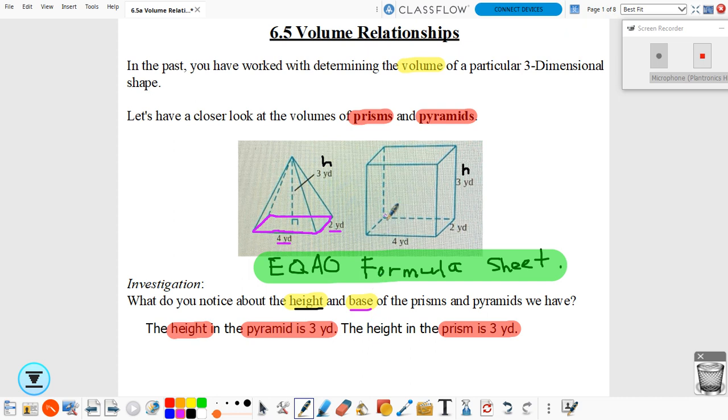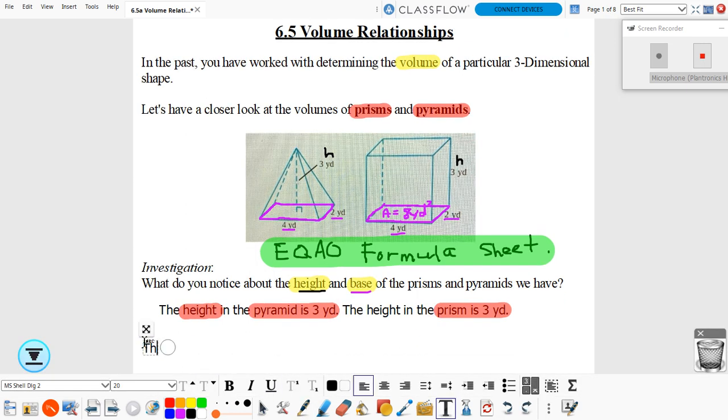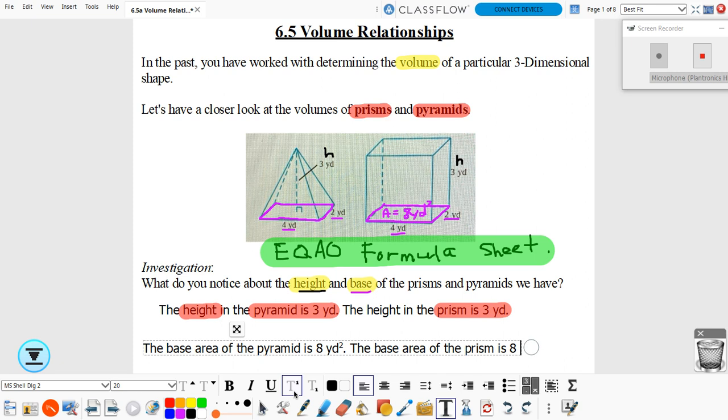Let's have a look at the prism. It has the same dimensions. It is also 4 yards by 2 yards, which means its area is 8 yards squared. So let's write this down. The base area of the pyramid is 8 yards squared. The base area of the prism is 8 yards squared.